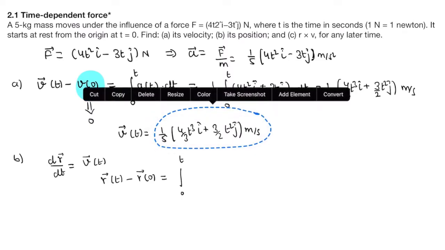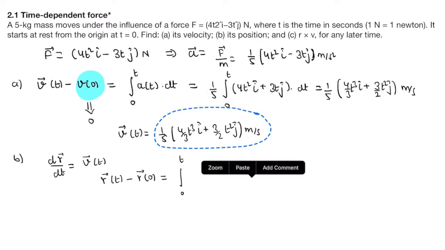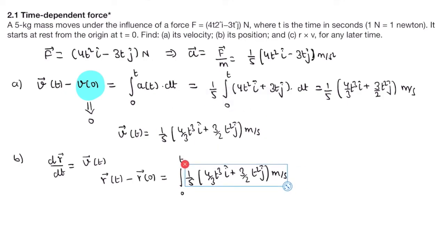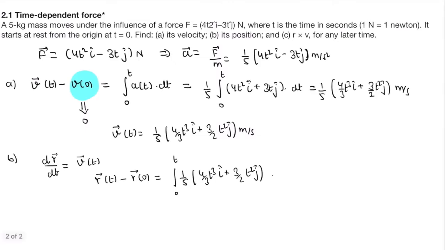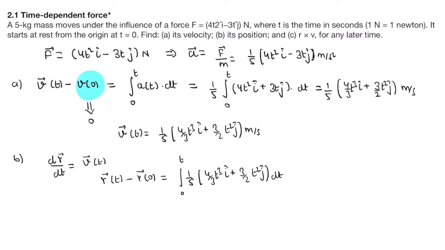Okay, so I'll just integrate this thing. I'll take out this factor here, and it will be dt here. It is a bit hectic, but anyways we can do it.